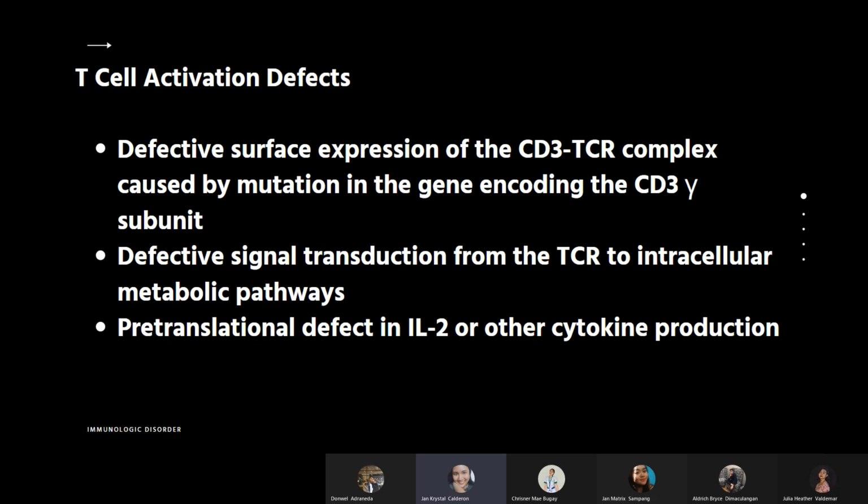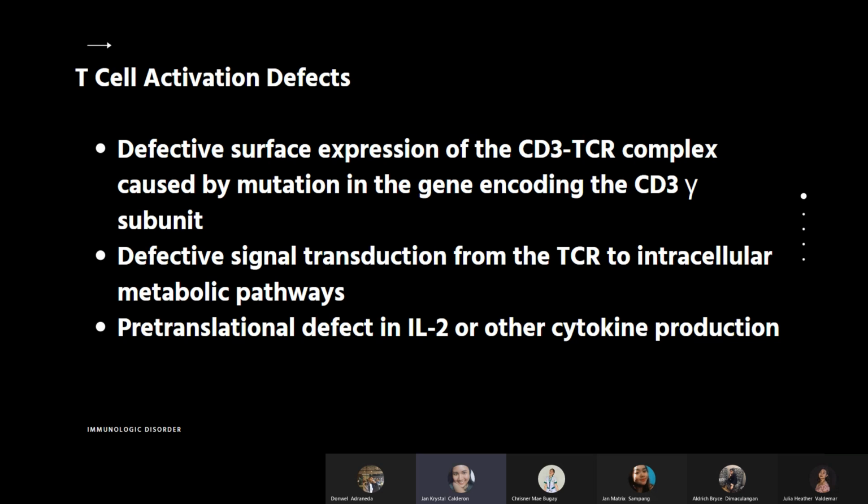T-cell activation defects. The following are the patient's experiences when they have defective activation of the T-cell. First is defective surface expression of the CD3 TCR complex caused by mutation in the gene encoding the CD3 gamma subunit.